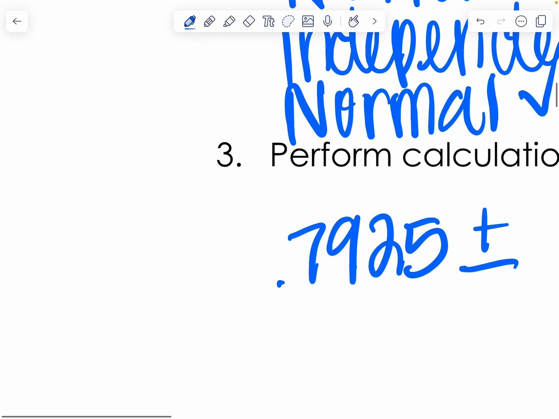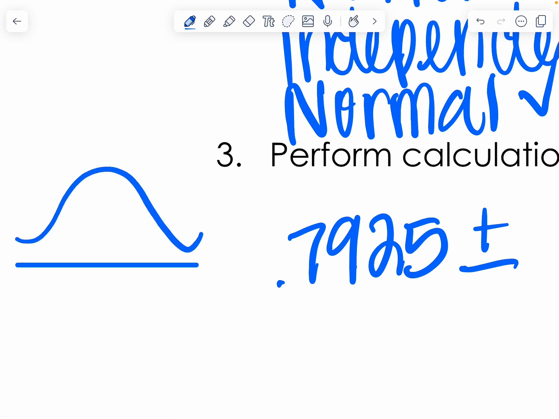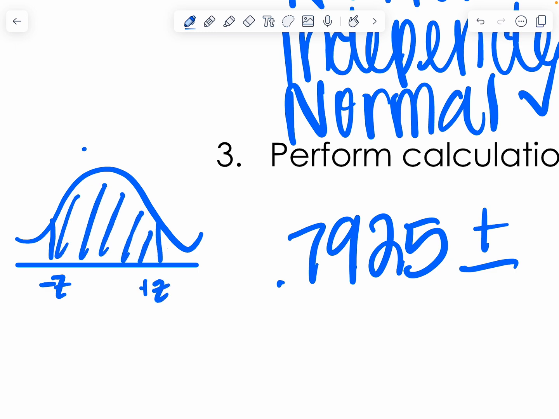Well, that z-score is what we get from our calculator, right? So we need our negative z and our positive z, where we've got 95% in the middle. If 95% is in the middle, 0.025 and 0.025 are on the outsides.